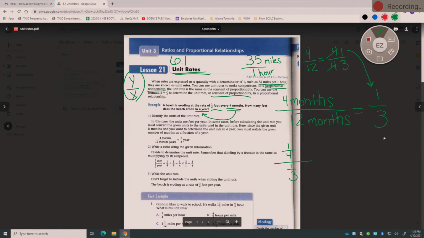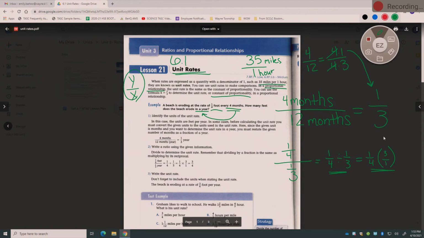But let's rewrite it, okay? 1/4 over 1/3 is the same as saying 1/4 divided by 1/3. And we know if we're dividing by a fraction, that's the same thing as multiplying by its reciprocal. So I can change my division problem into a multiplication problem.